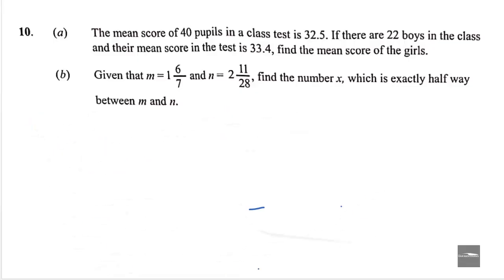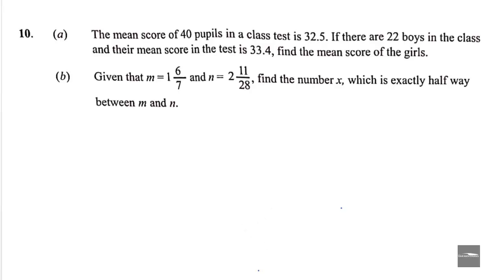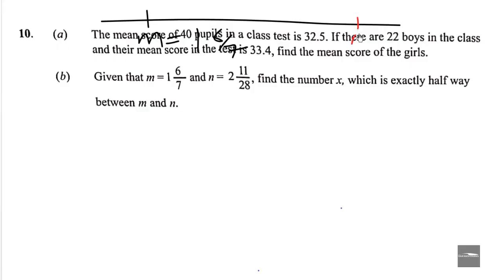So with the B part of the question, we have something like this. We have two real numbers. One is m, which is one whole number, 6/7. Then another one is n, which is two whole number, 11/28. And we are asked to find the number that is exactly halfway.